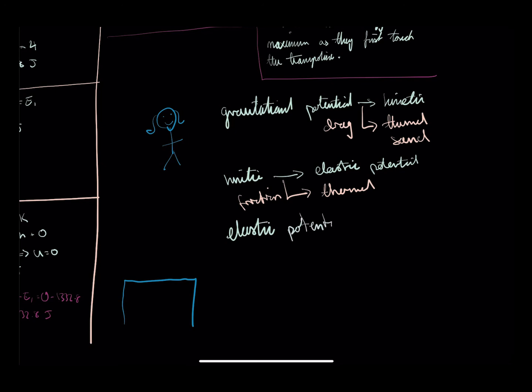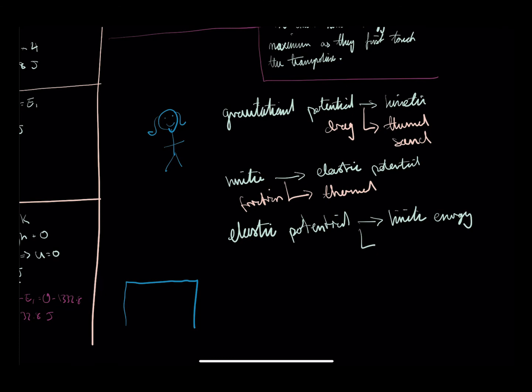The elastic potential energy is going to get transformed back into some kinetic energy of the child. And again, we're going to be losing some energy here to friction. And that's likely going to be mostly thermal energy because of friction.